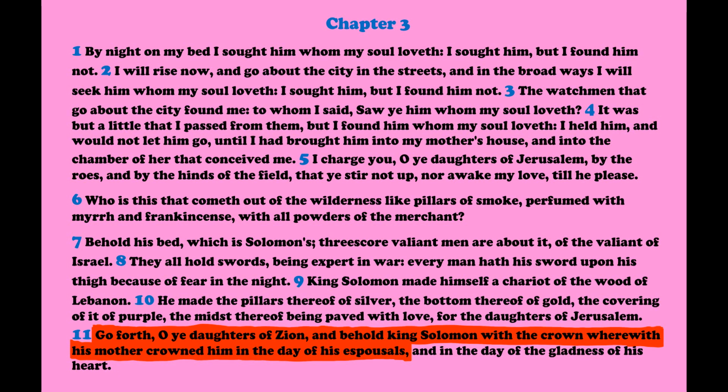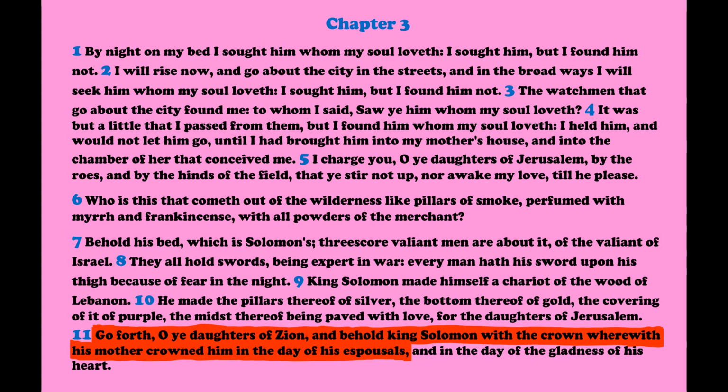And it says his mother crowned him, past tense, in the day of his espousals, meaning that these marriages happened in the past, before the book was written. This is irrefutable evidence that Solomon had multiple wives at the time this book was written. The author's not even ashamed of it. She states it clearly. The person that was speaking in that part of the book was actually Solomon's wife, or one of his wives.